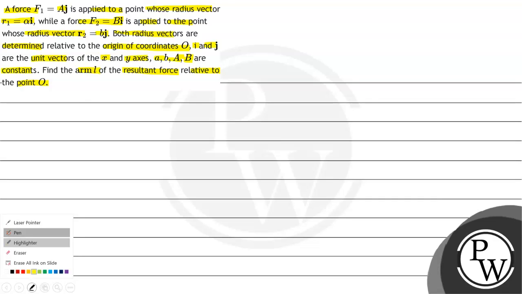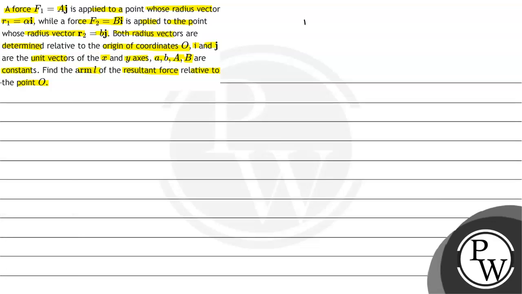So let us first make a diagram to understand the question. Let us fix a coordinate axis. Let this be the y axis and this be the x axis. So this is denoted by i cap and this is denoted by j cap, as denoted in the question. So we have two forces.